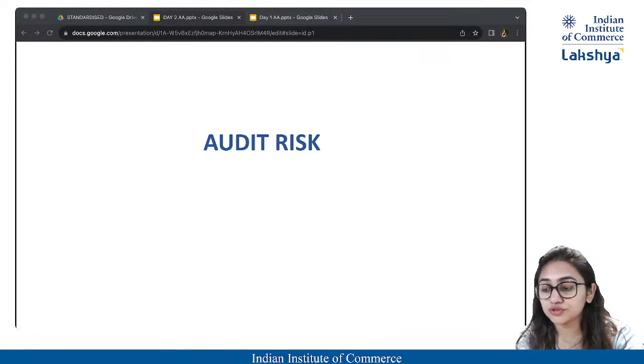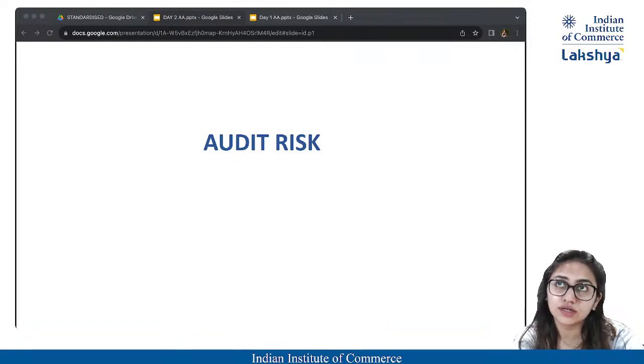One of the most common topics of audit is audit risk, identification of audit risk, what are the different types of audit risks that a business faces, etc. So in the next 2 minutes, we're going to begin with audit risk.